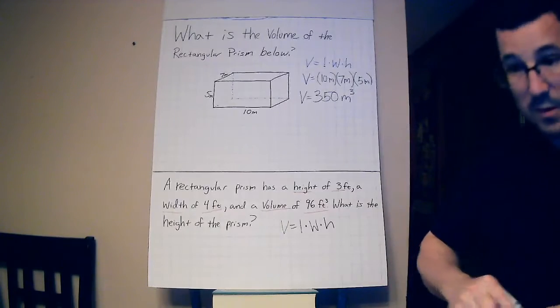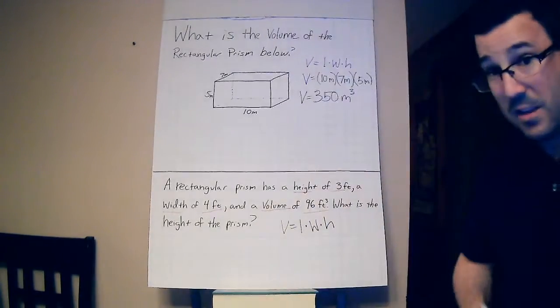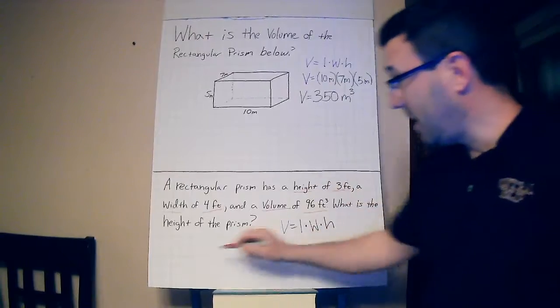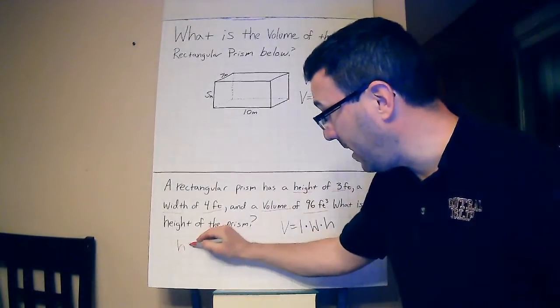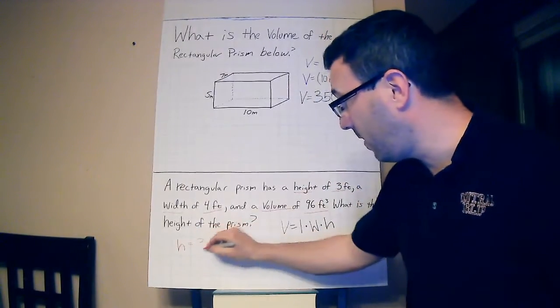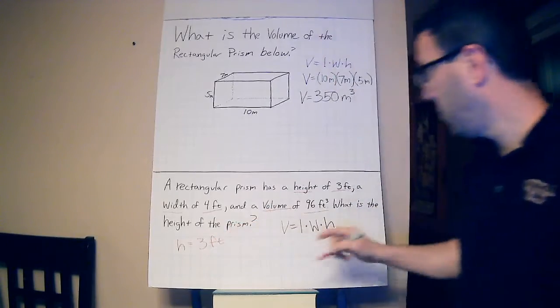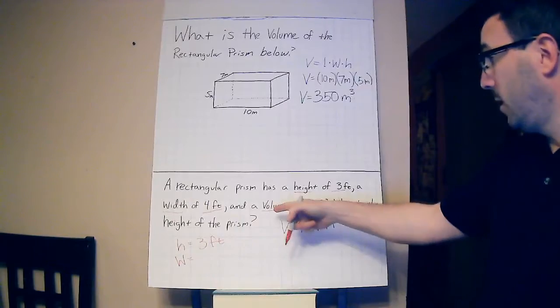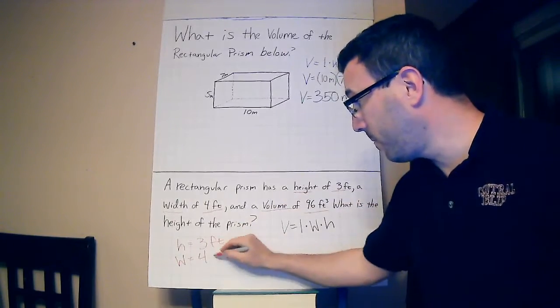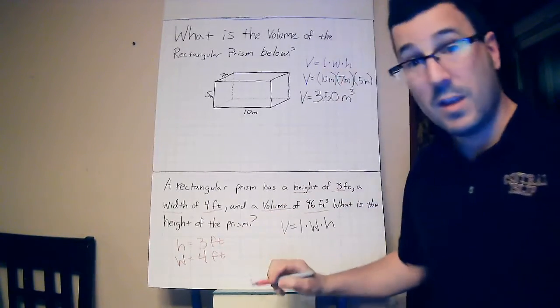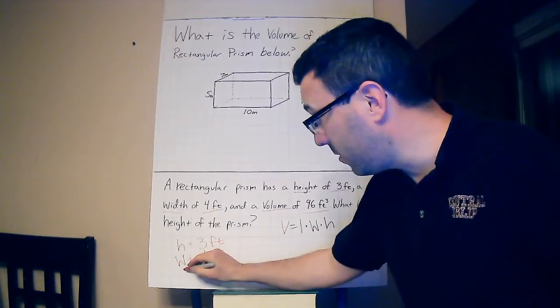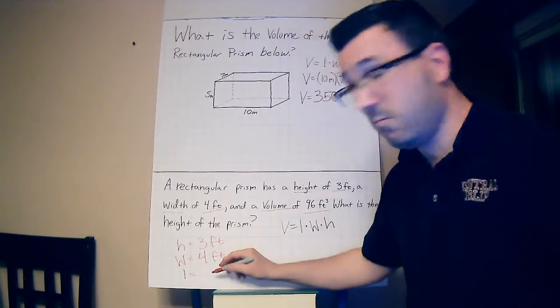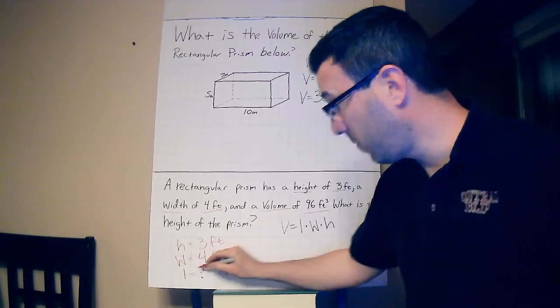Okay? And then I'm going to write down the information they gave me. They gave me the height. The height is 3 feet. The width is 4 feet. They didn't give us the length, so I'm going to put length equals, I don't know.